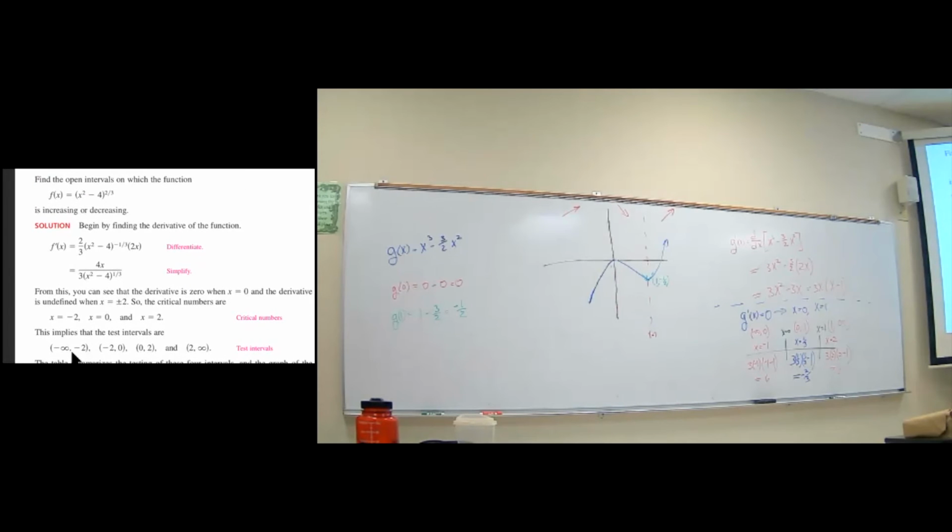So we're going to break up our intervals into 4 intervals. Notice you're always going to have one more interval than you do critical numbers. What we want to do is check if our derivative is positive or negative in each of these intervals.